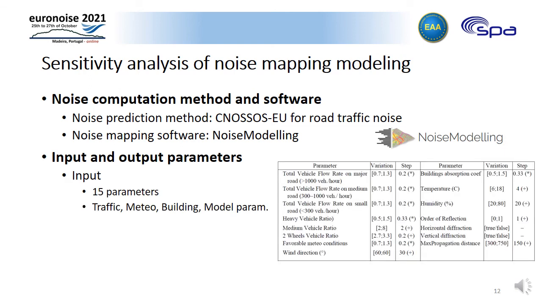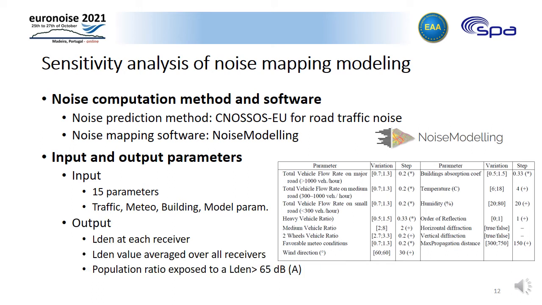The proposed sensitivity analysis focuses on 15 input parameters, among which 4 concern the model configuration and 9 are related to physical inputs. Three outputs are investigated: L10 at each receiver, the L10 value averaged on the map, and the population ratio exposed above 65 dBA.